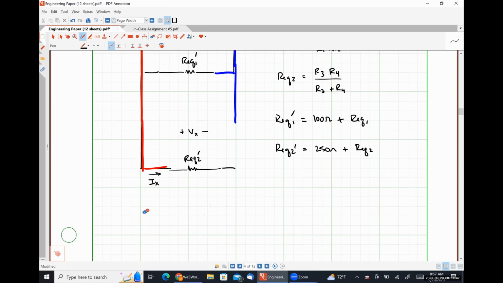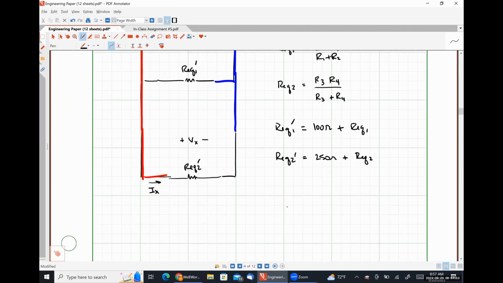Now, using current division, I can say that IX is negative I1 plus I3 minus I2, times 1 over REQ2 prime divided by 1 over REQ1 prime plus 1 over REQ2 prime.